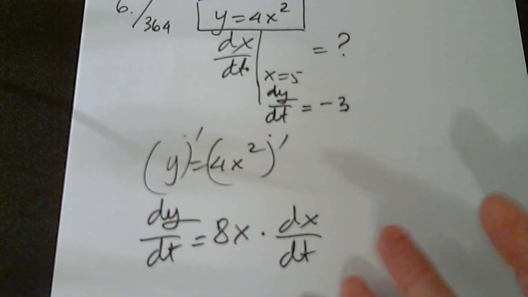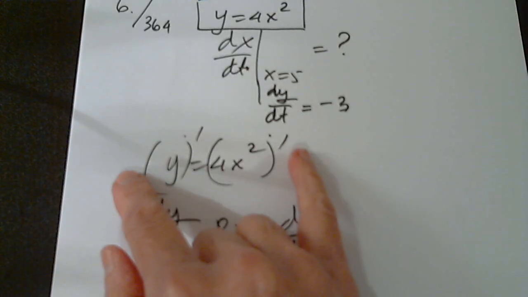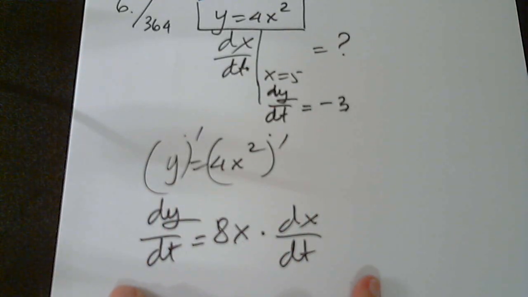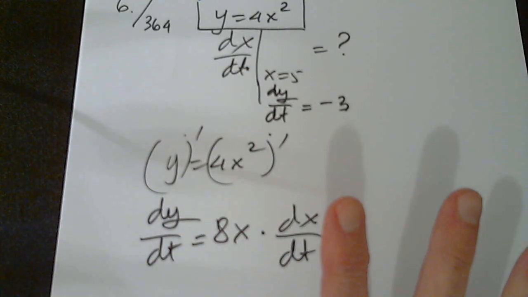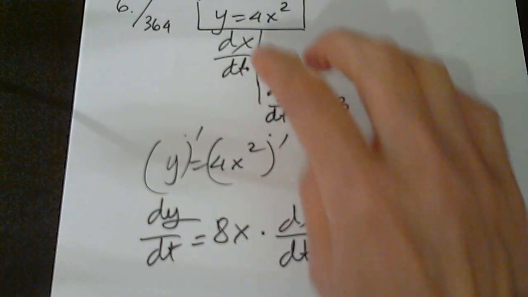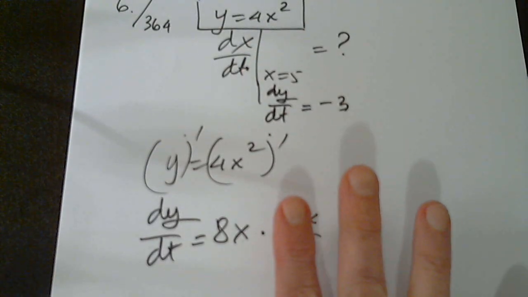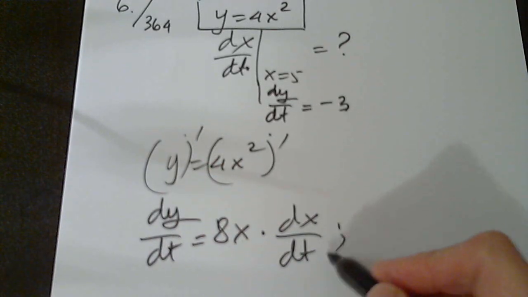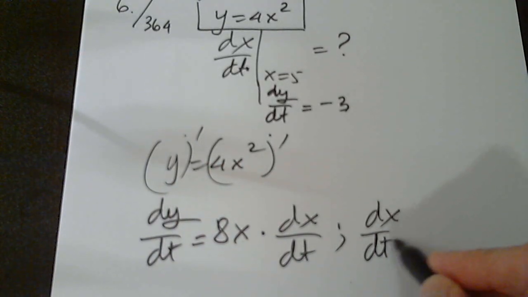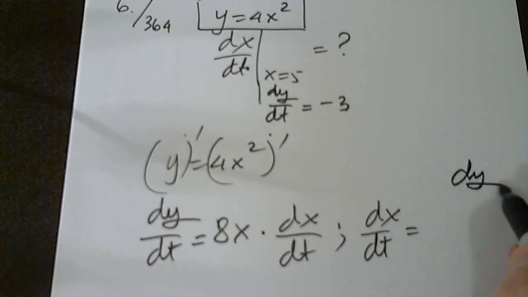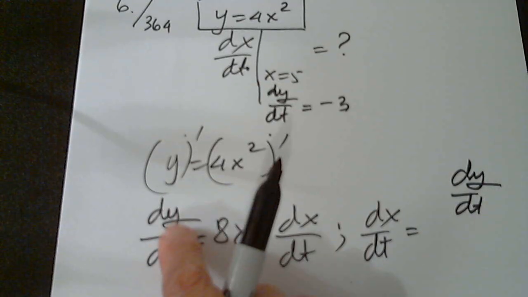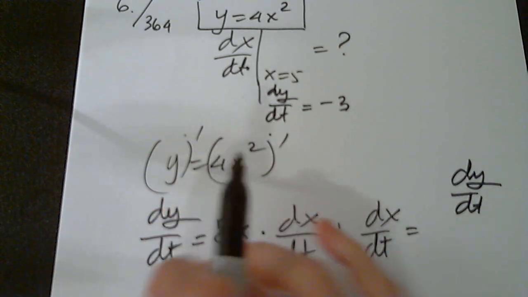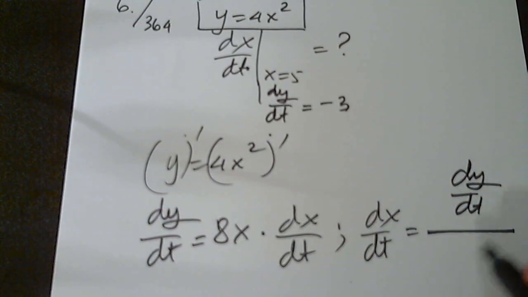So the process of determining from the functions the relationship between their rates is done. Now I'm asked to find dx over dt, so this is my variable. I will divide both sides by 8x. dx over dt equals dy over dt over 8x. You cannot separate these two, although you know that they have separate meanings.